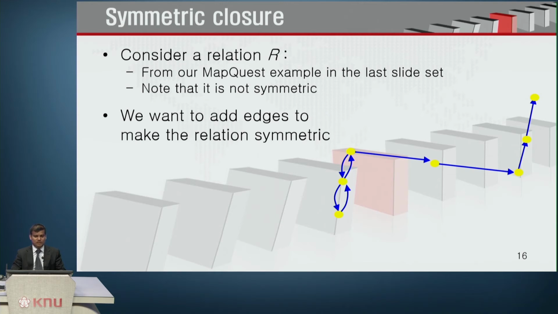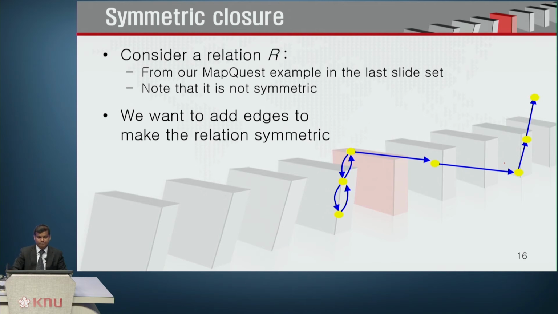So that's symmetric. But some parts of this, for example this node and this node, have the symmetric property, but from here to here they do not have the symmetric property because nothing is going back. The same is true with other elements over here.